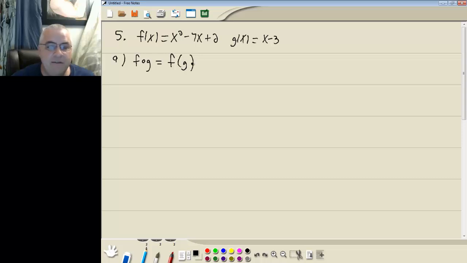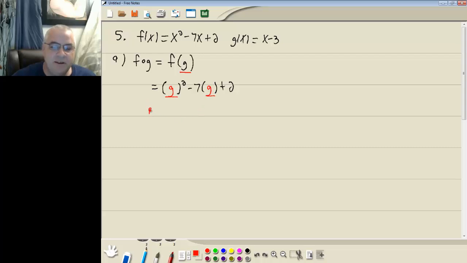Now this is just evaluating a function. So we're going to take our f of x, and everywhere we have an x, we'll put in parentheses. So we've got parentheses squared minus 7 times parentheses plus 2. This is always how you evaluate a function. Whatever's inside the parentheses right here is automatically what you put in right here and right here. So we'll put g in there, and we'll put g in there.